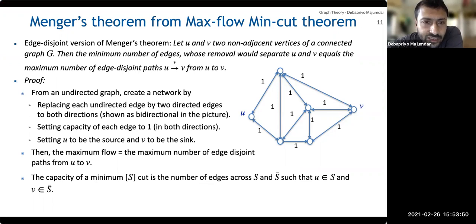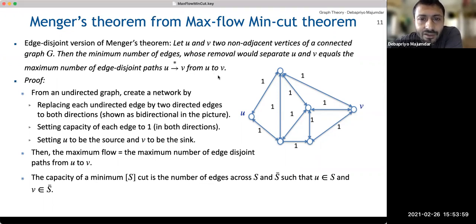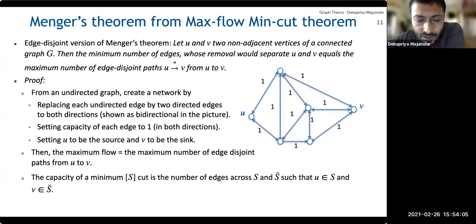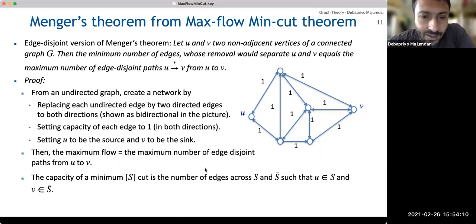So essentially what we did was, from an undirected graph, we synthesized a directed graph, and we can derive Menger's theorem in a very easy way from the Max-Flow-Min-Cut theorem. All right, so that's it for today, and that's it for the Max-Flow-Min-Cut theorem as well.